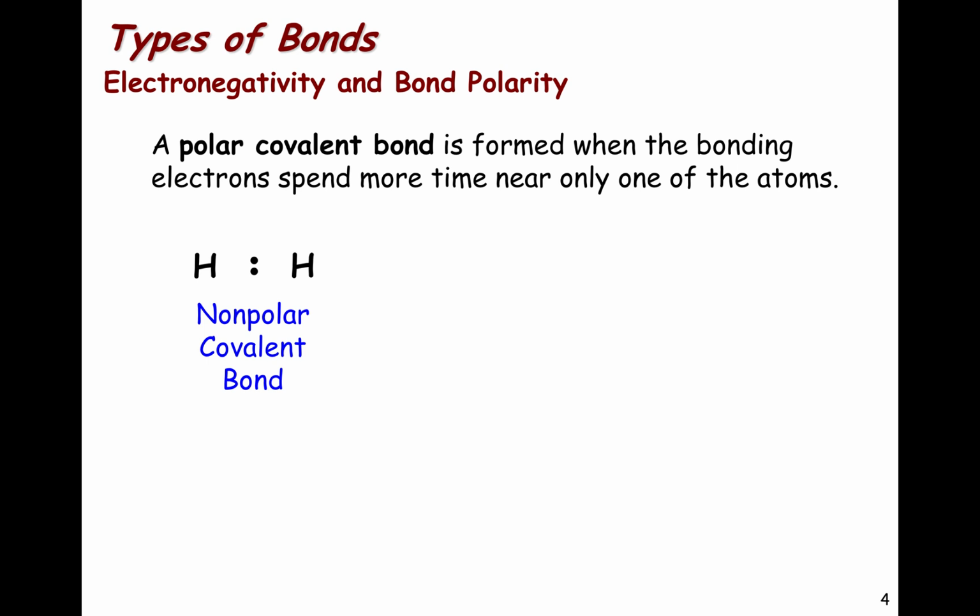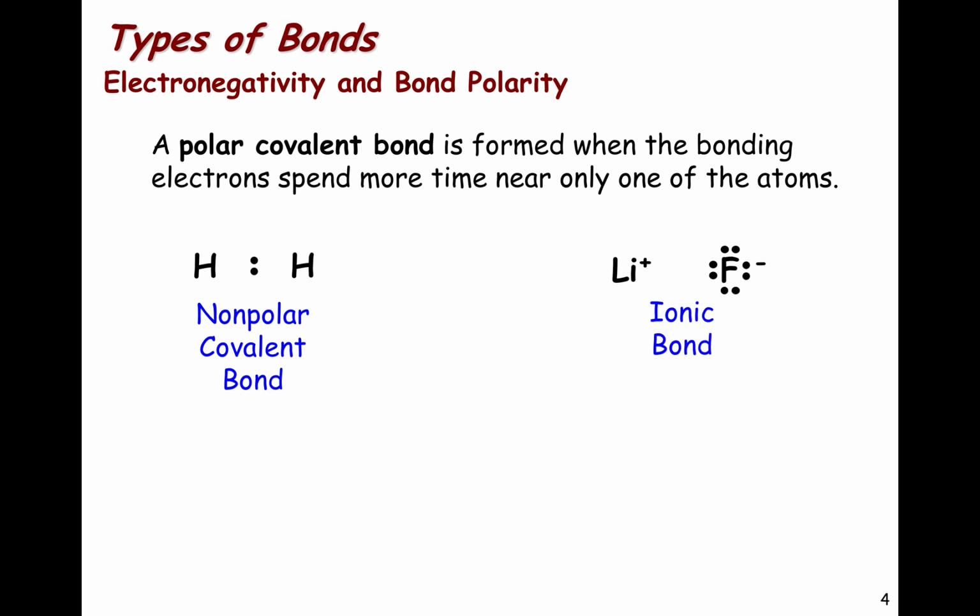There are three basic types of bonds that we will be considering in this section. We will be talking about nonpolar covalent bonds, which is a complete sharing of a pair of electrons. In other words, the two atoms involved have the same electronegativity value, or virtually the same electronegativity value.